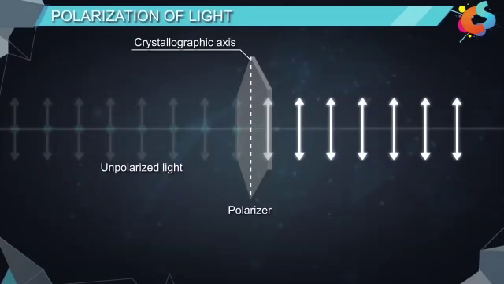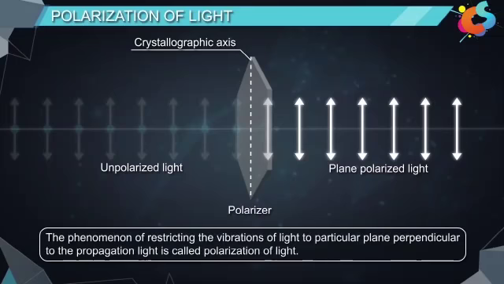Here, the crystallographic axis is represented by the dotted line. Now, the emerging light is a plane polarized light. It contains vibrations in only one plane.